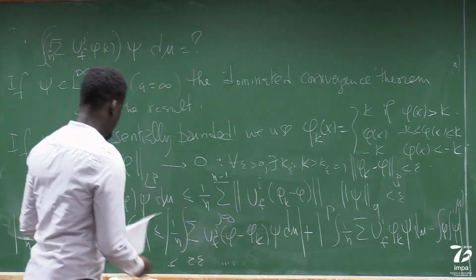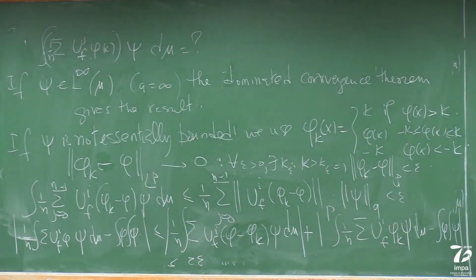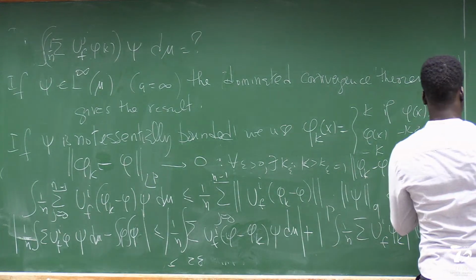So I have 15 minutes. I can now prove here, to close, that the circle rotation is ergodic when you have an irrational rotational angle. So, example.